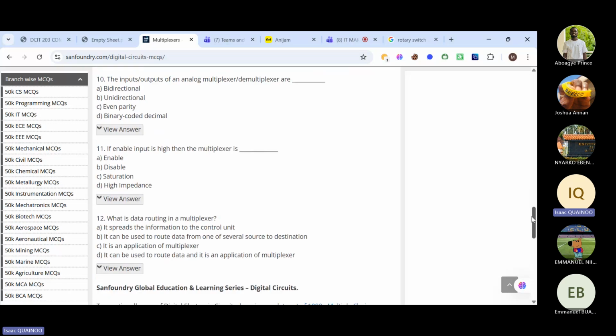The input or output of an analog multiplexer or demultiplexer are A, bidirectional, B, unidirectional, C, even parity, and D, binary coded decimal.